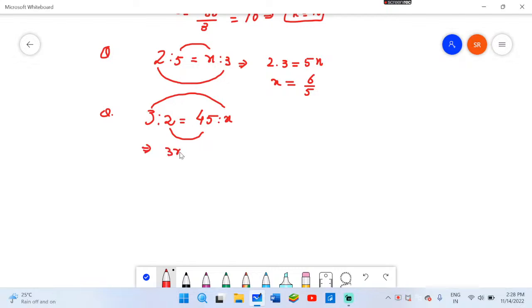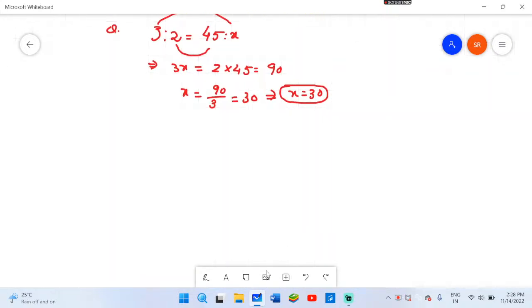So 3x must be equal to 90. x is equal to 90 by 3, 30. So x is equal to 30. So that way we can calculate the value of unknown.